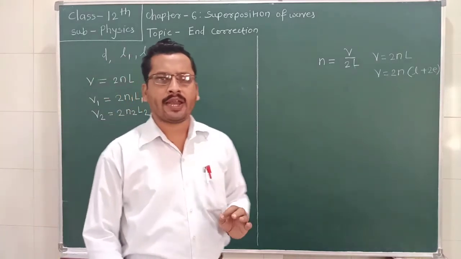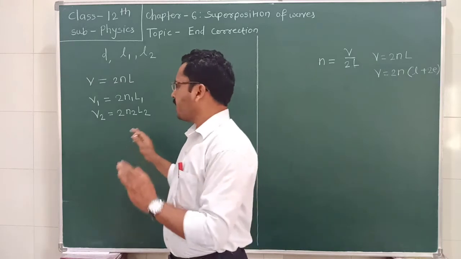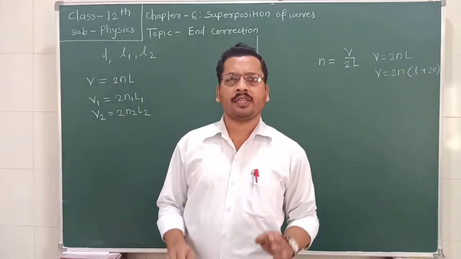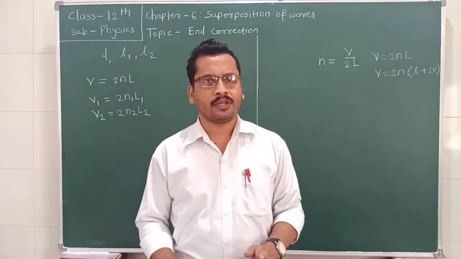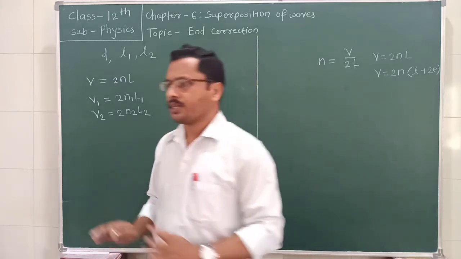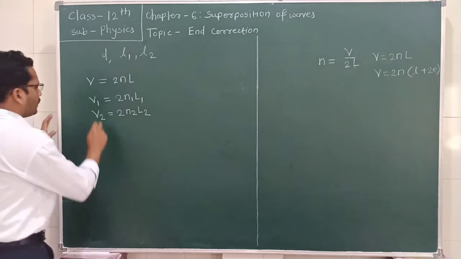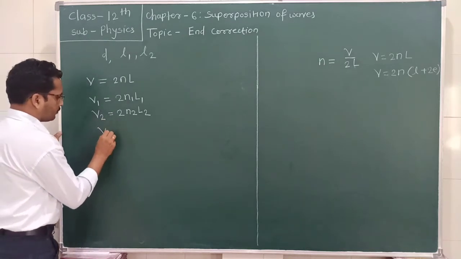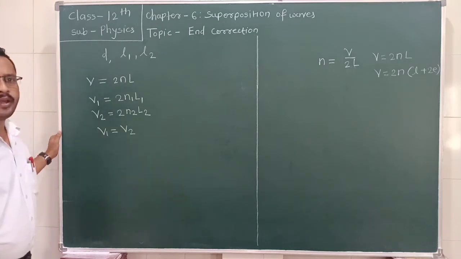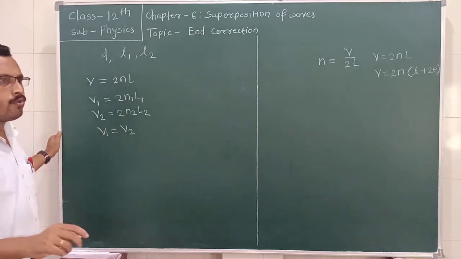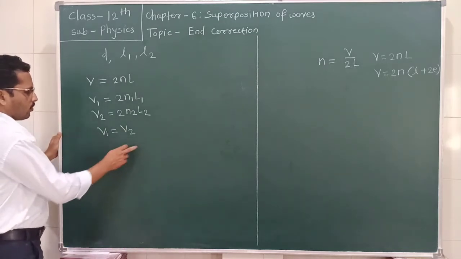But we know that if there are same conditions, then the velocity of sound remains constant. So we can write V1 must be equal to V2, because the velocity of sound in air remains constant.